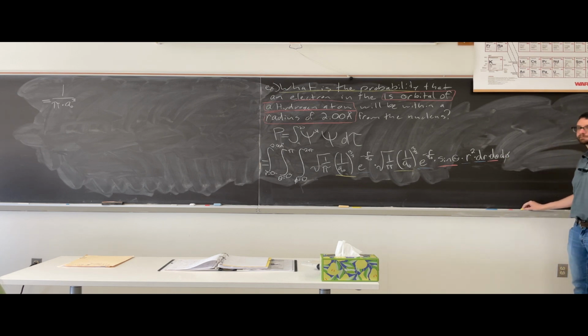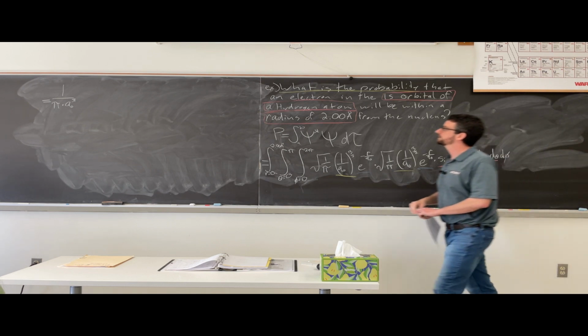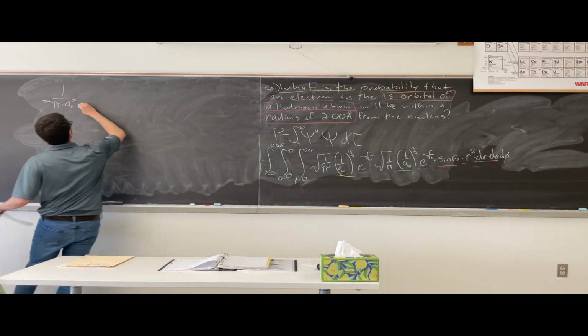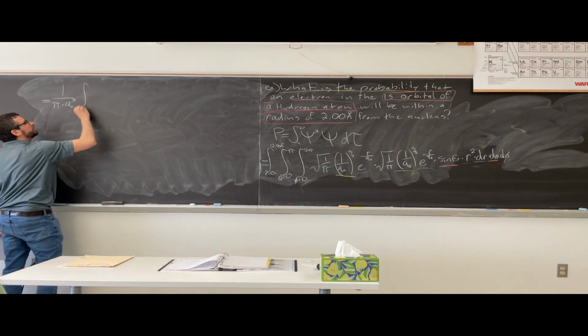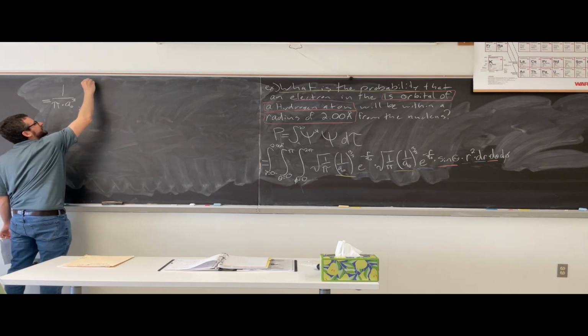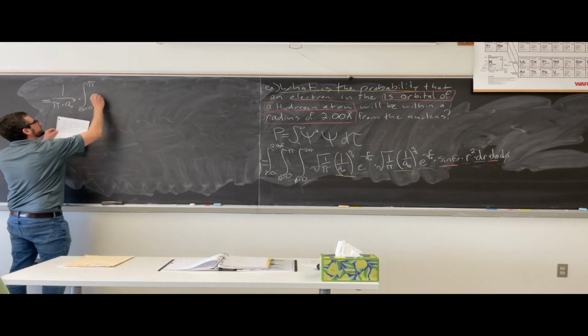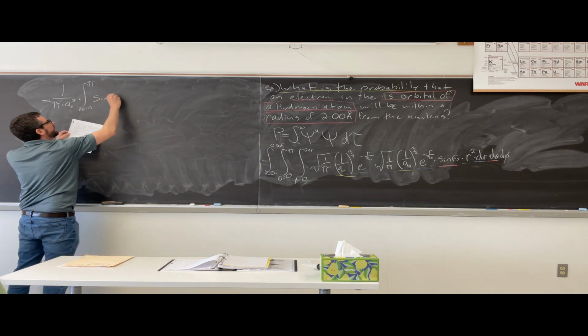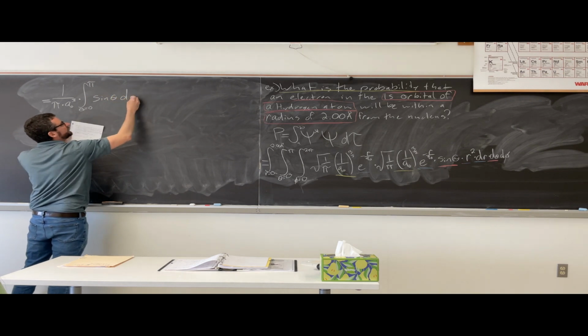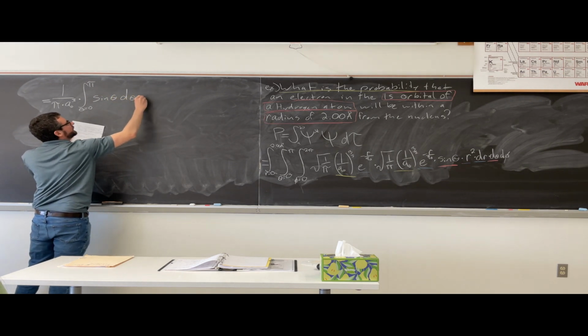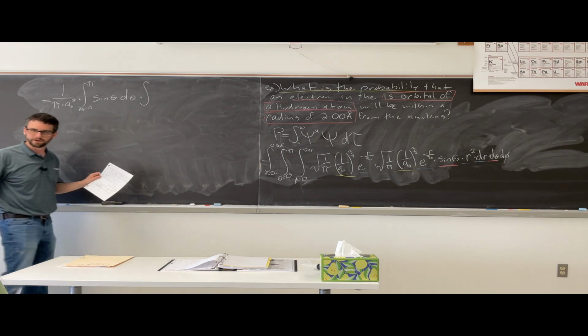That guy, just d phi. So we get integral. Let's do theta, 0 to pi, was it? What's going to go in this integral? Yep. D theta times integral. Which one do you want to do next?